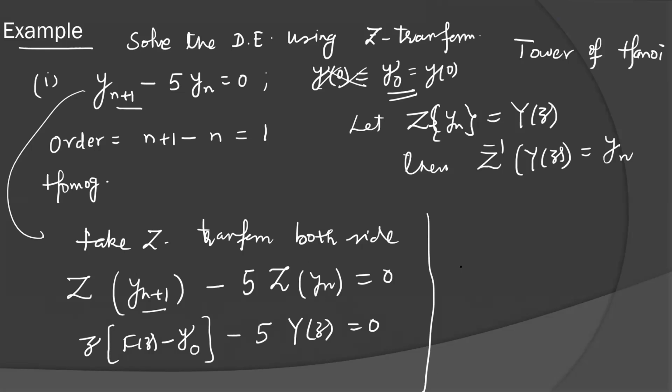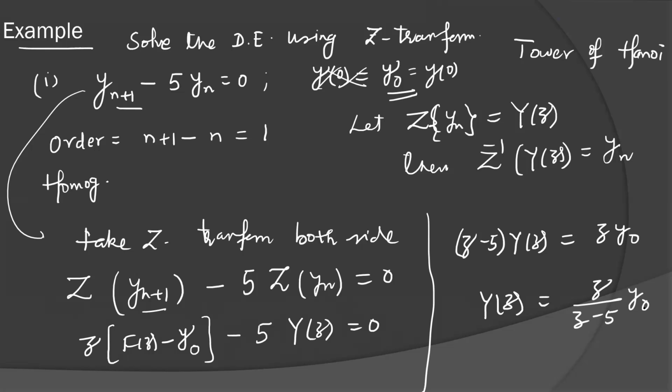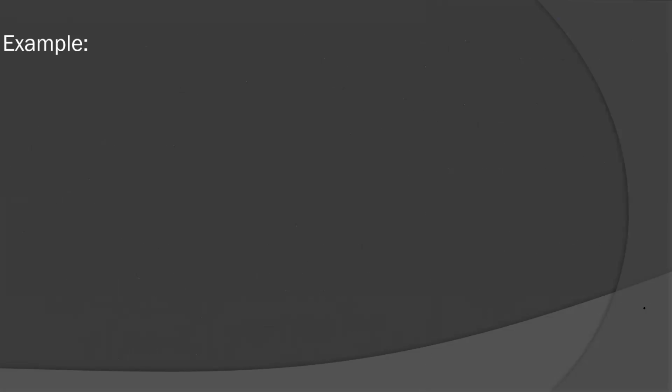So collect the Y of z term: z minus 5 times Y of z, and take the other term to the right hand side, so it will be z y0. So Y of z will be z over z minus 5 into y0. Now take the inverse Z transformation.